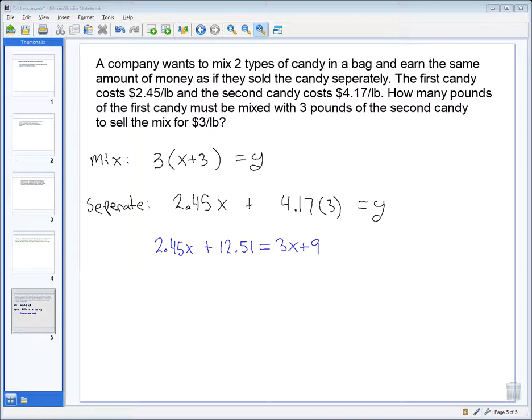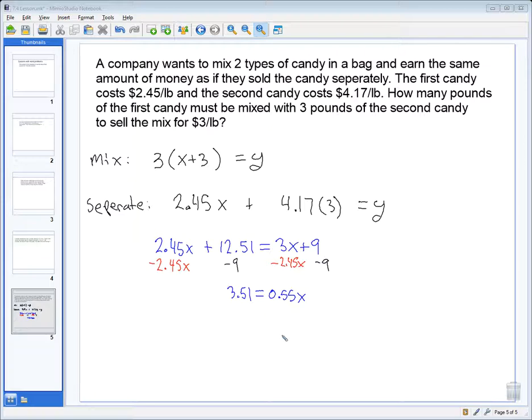Now I can continue solving. I want to get the x's on the same side, so I'm going to subtract the 2.45x onto the right side. And I'm also going to subtract the 9 onto the left side. On the left side, that's going to give me 3.51. On the right side, that's going to give me 0.55x.